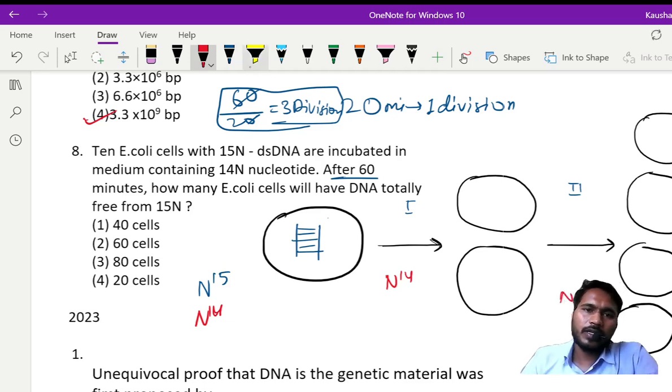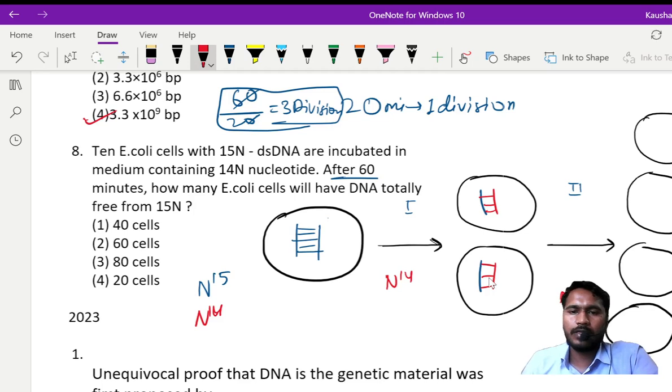Whenever it divides, the two strands will separate this way, and you will get one strand of N15 and one strand of N14. I am making the hydrogen bonds with the red only, so don't worry about it. This is the two strands.